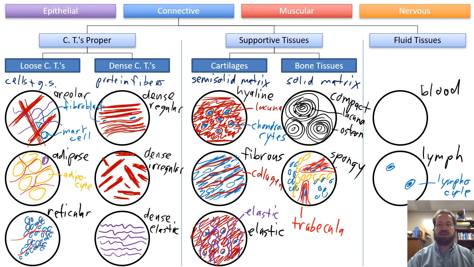Okay. Blood has a large collection of these red blood cells, which look kind of like pink jelly donuts. Okay. I'm going to abbreviate that RBC for red blood cell.